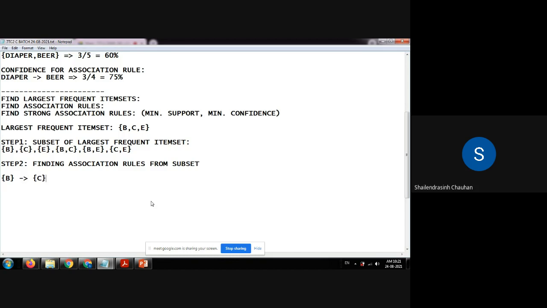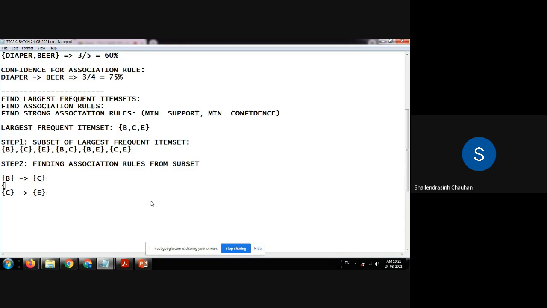Let us say C. Then other item set is second one, C. So on right hand side you will be having item set except C. It can be E. Fine. So for example, E.